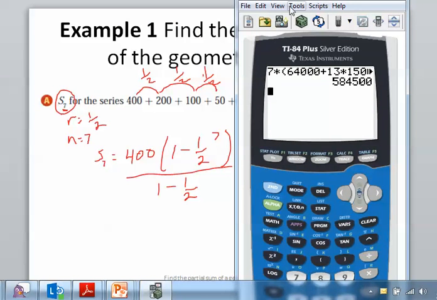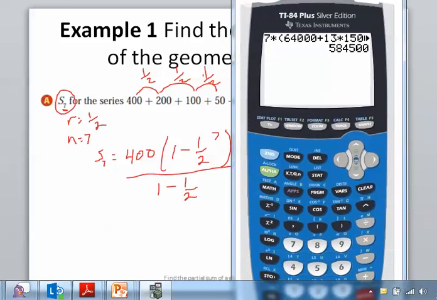I want to keep part of this on the screen so that you can see what's going on when I'm doing it.